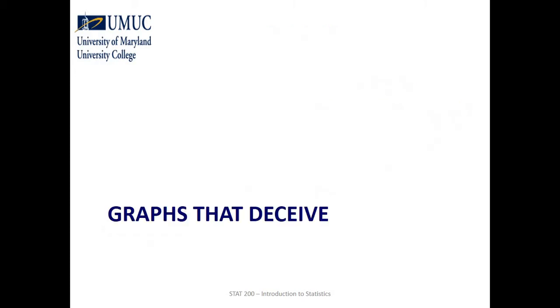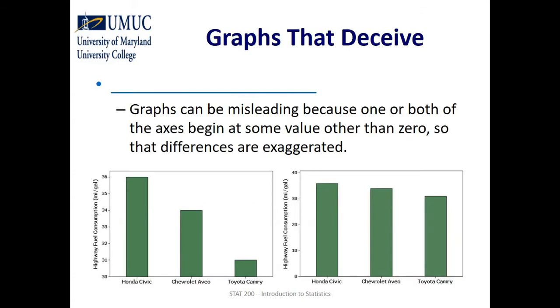Now we're going to talk about some graphs that deceive. Graphs with a non-zero axis can be misleading because it tends to highlight differences that appear to be bigger than they actually are. So here, if you look, highway fuel consumption, it looks like the Honda Civic is getting much better than the Chevy Aveo or the Toyota Camry.